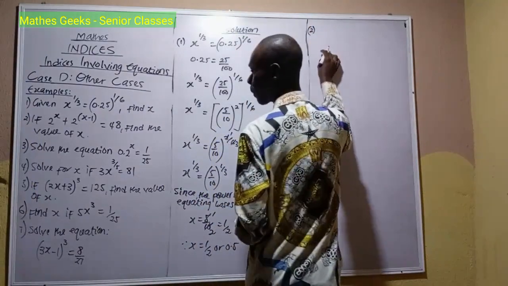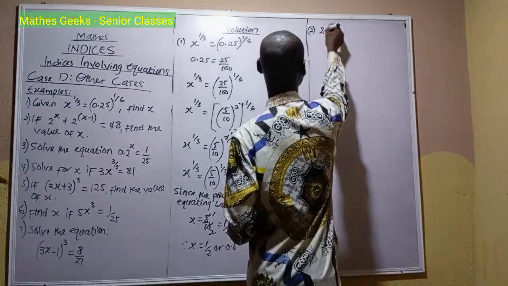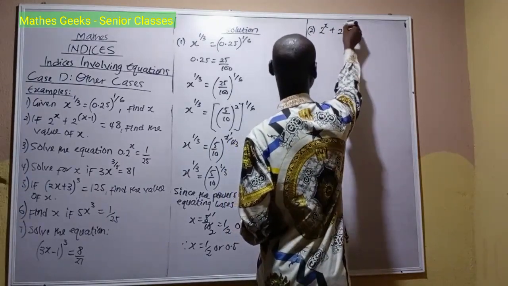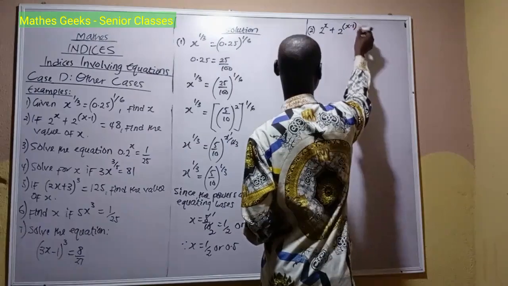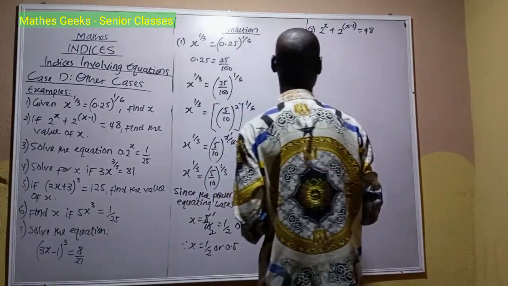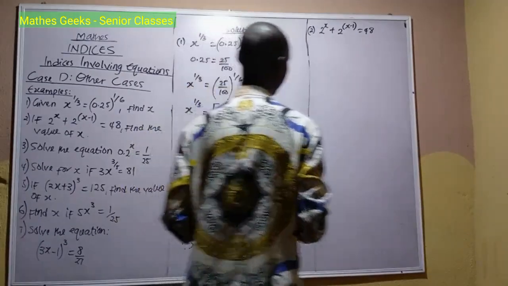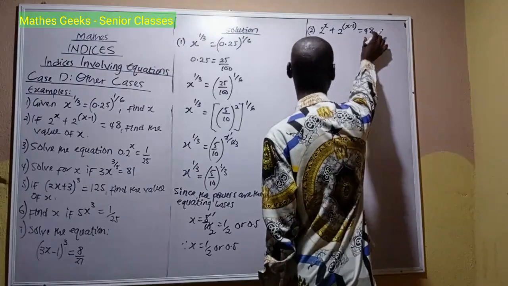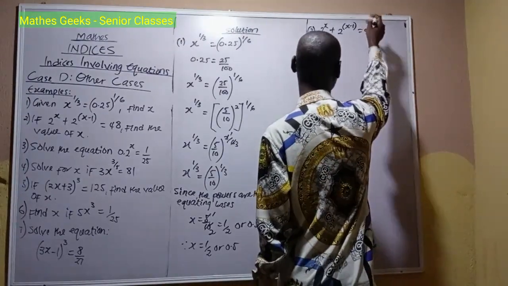Number 2: 2 raised to the power x plus 2 raised to the power x minus 1 equals 48. We cannot write this in index notation because there's no number that 2 will be raised to give us 48.